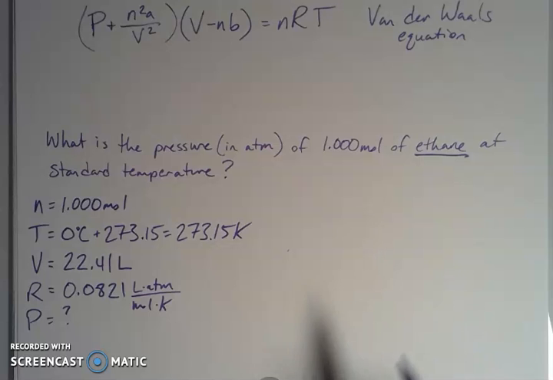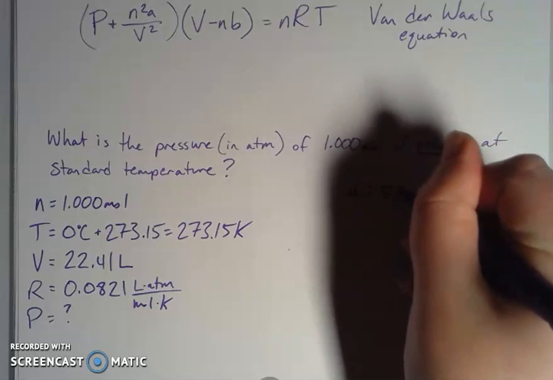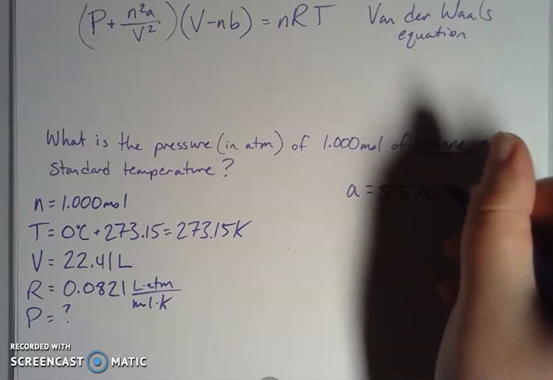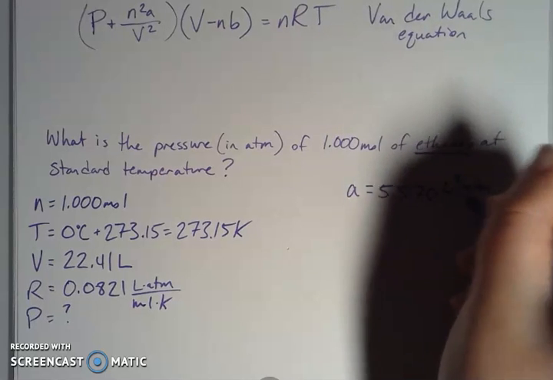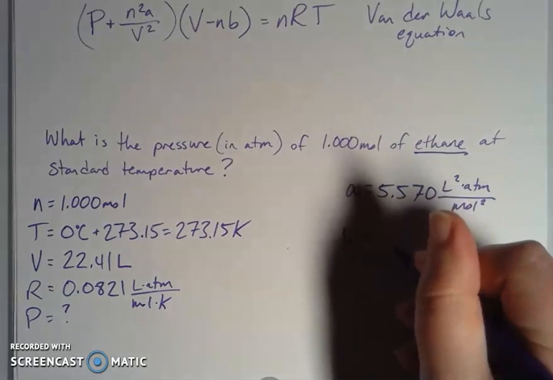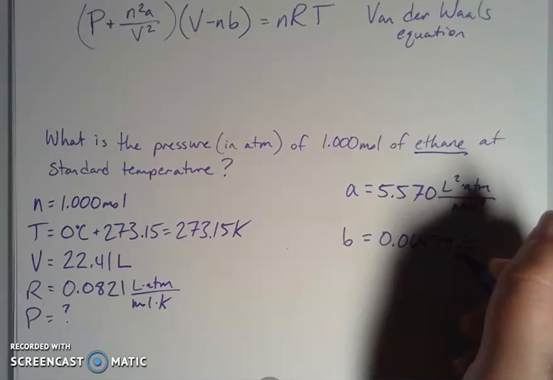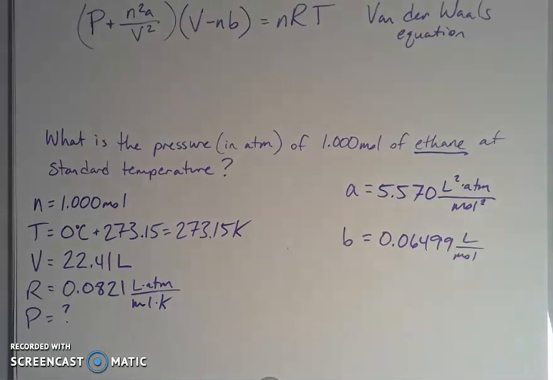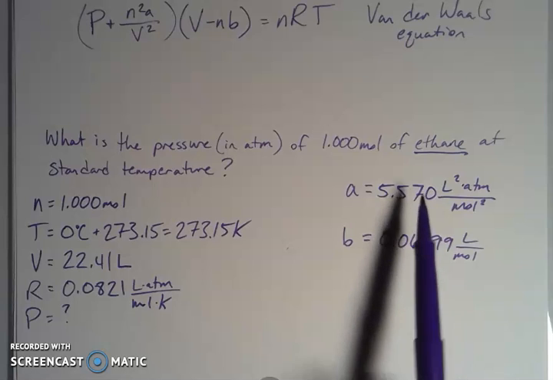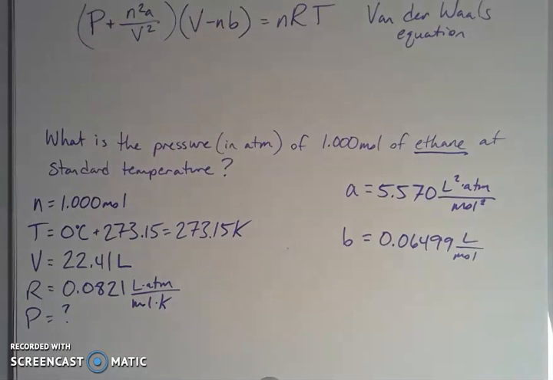So I look up ethane and I find that my a value for ethane is equal to 5.570 liters squared atmospheres per mole squared, and my b is equal to 0.6499 liters per mole. Now you'll note these units are wacky, and the units of course are going to help sort the math out. When we plug these in, you can see that they're going to divide out the units that they're multiplying with. So that'll all sort itself out in the wash.